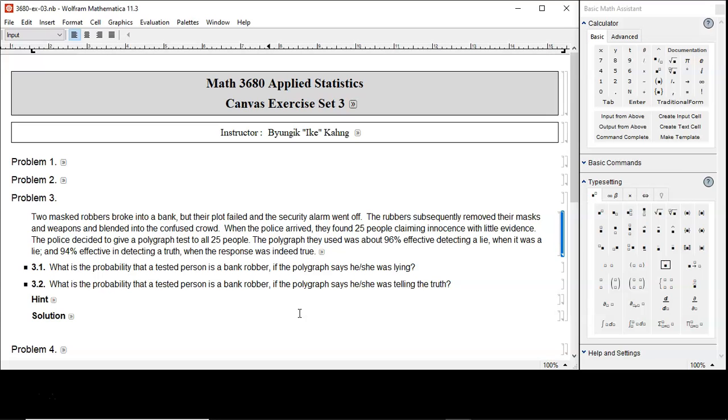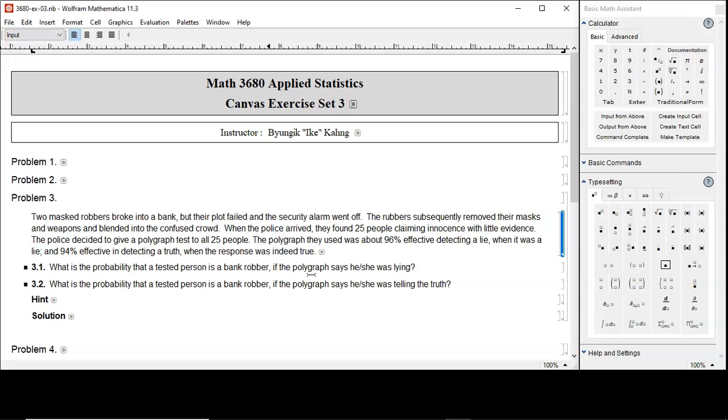Even if the polygraph detects a person is lying, the probability that the detected person is actually a bank robber will turn out to be not very high. I mean, high enough, but nowhere close to making an arrest, as a matter of fact.